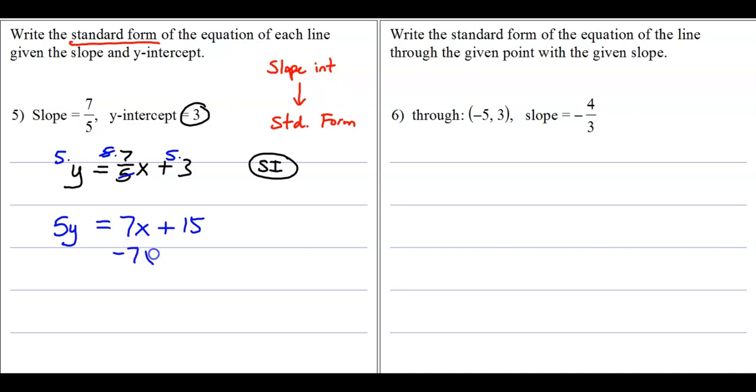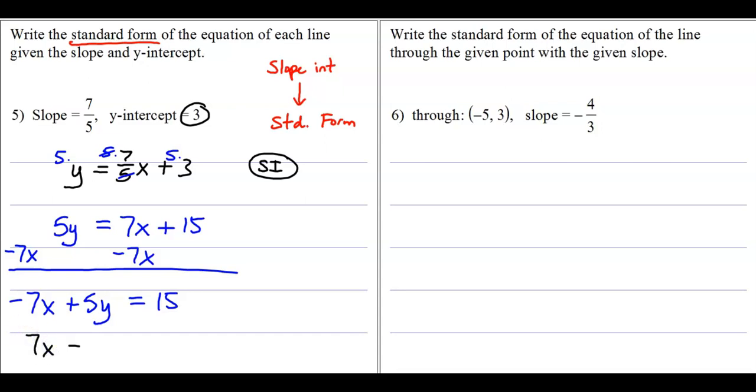I'm going to move the 7x over to the left side where it belongs. And I have -7x plus 5y equals 15. And then we're going to assume that we're not allowed to have a -x, so we're going to change all of our signs. Technically what I did was multiply everybody by -1, but no big deal.